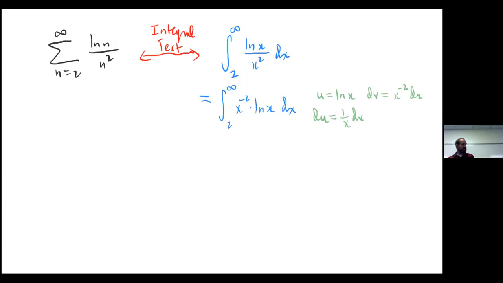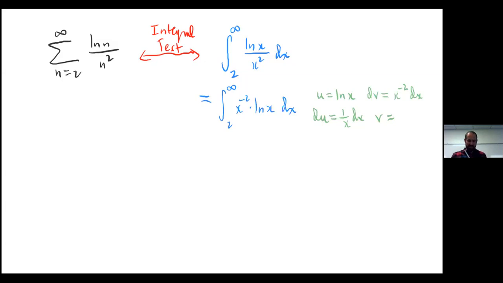And what is v? Think about it. v means I need to find the antiderivative of x to the minus 2. What is the antiderivative of x to the minus 2? No, I'm going to have to add 1 to the power, right?